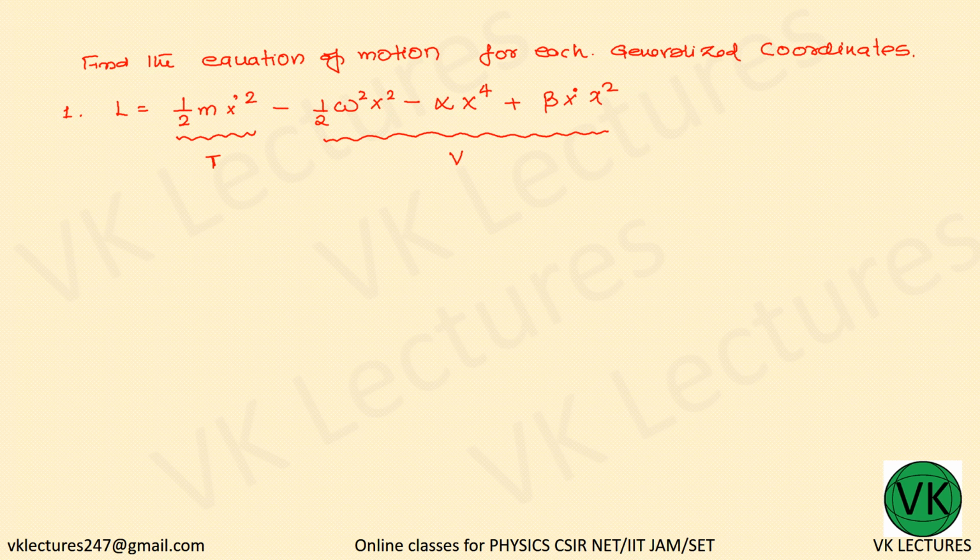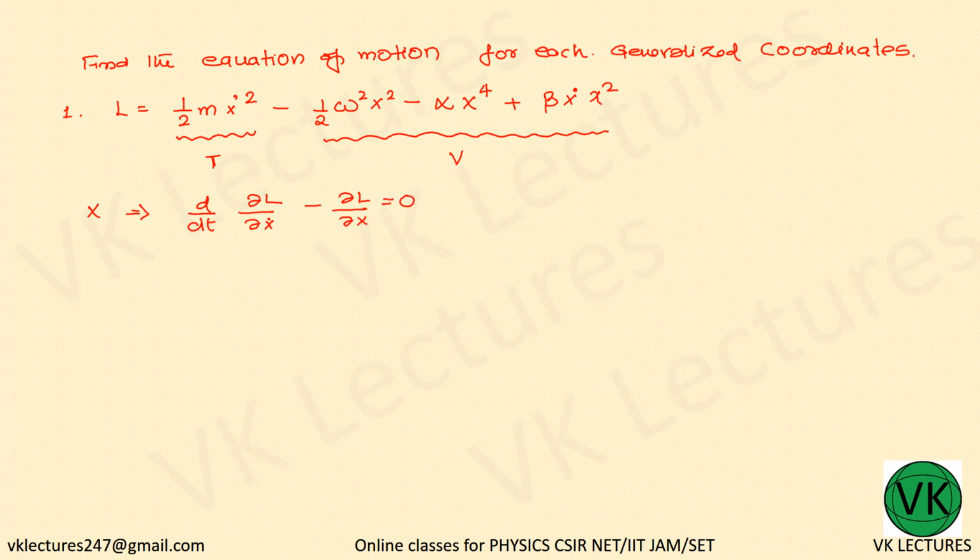So it's a velocity dependent potential. Now with respect to x, we need to find out the equation of motion. So let us write down d by dt of dou L by dou x dot minus dou L by dou x. So this is the equation.